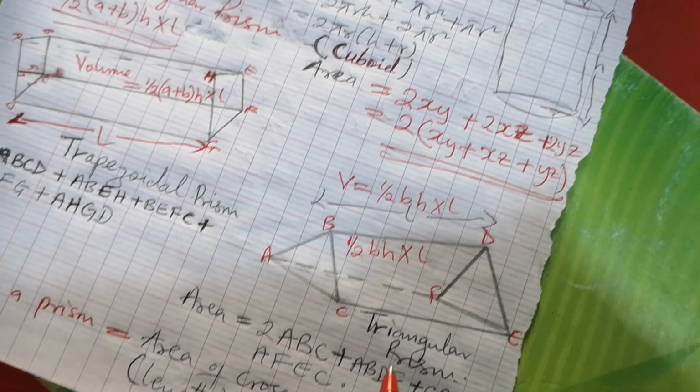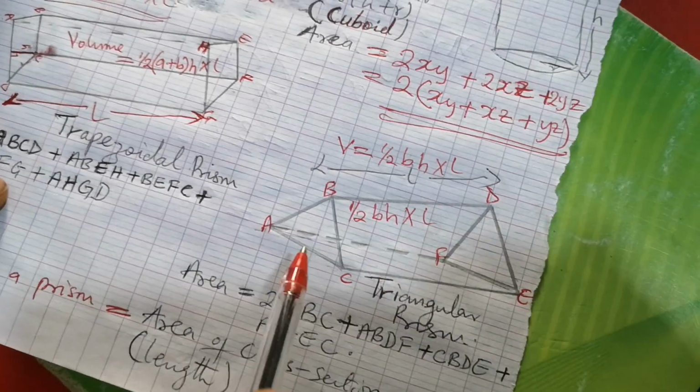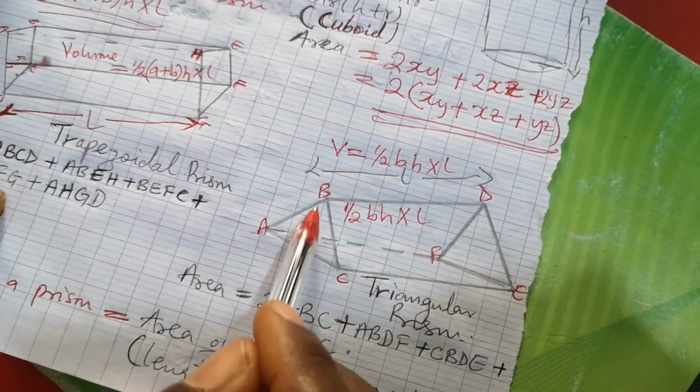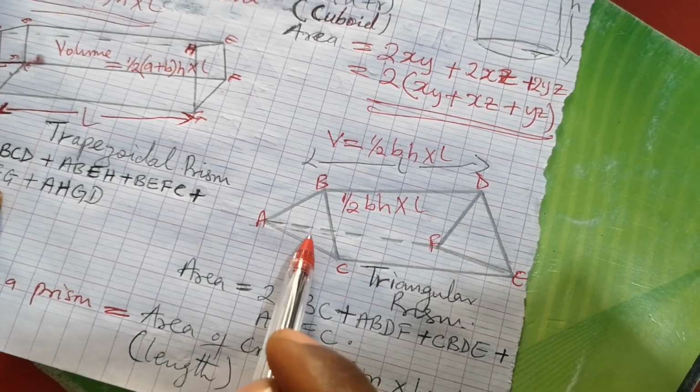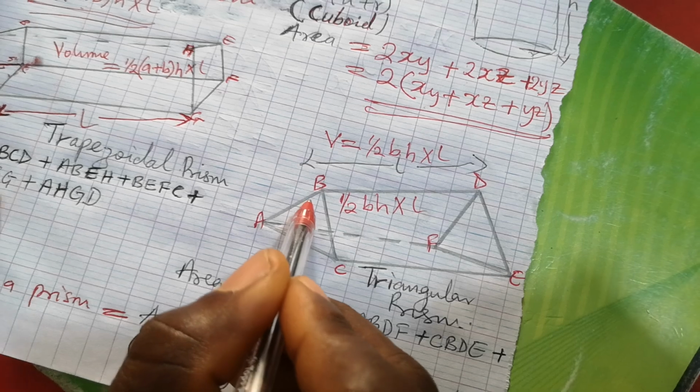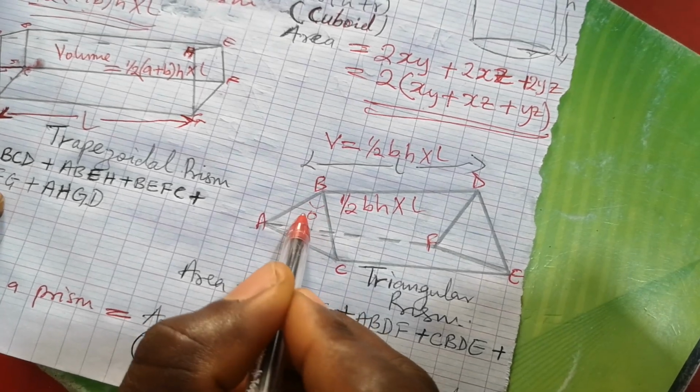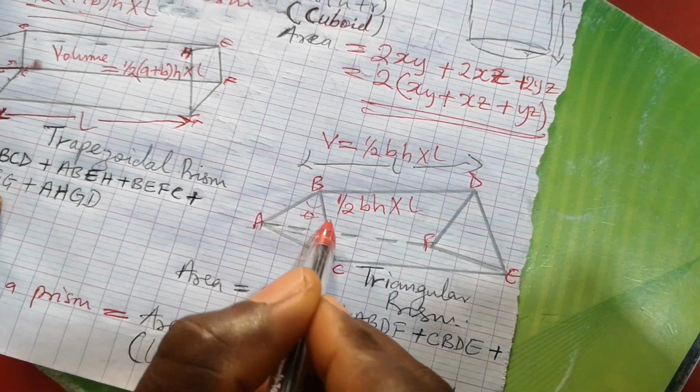Sometimes they might not give you the height for you to calculate the area of the cross section. They can give you an angle instead. Maybe they give you angle theta and the sizes here.